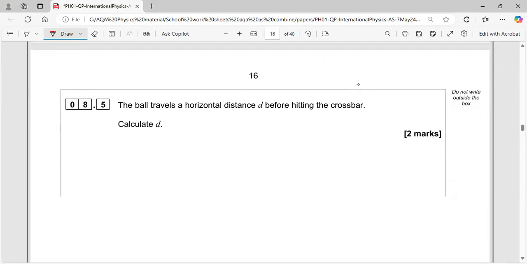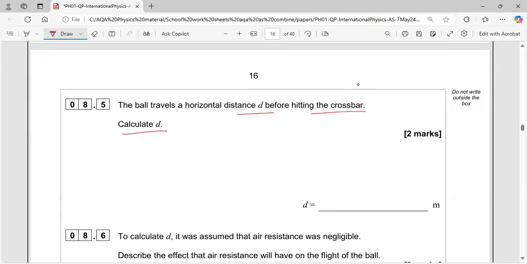Okay, the ball travels a horizontal distance d before hitting the crossbar. What is d? The horizontal distance is given by the horizontal component of velocity, and that is constant. That stays the same everywhere. So distance is the horizontal component of velocity times total time.